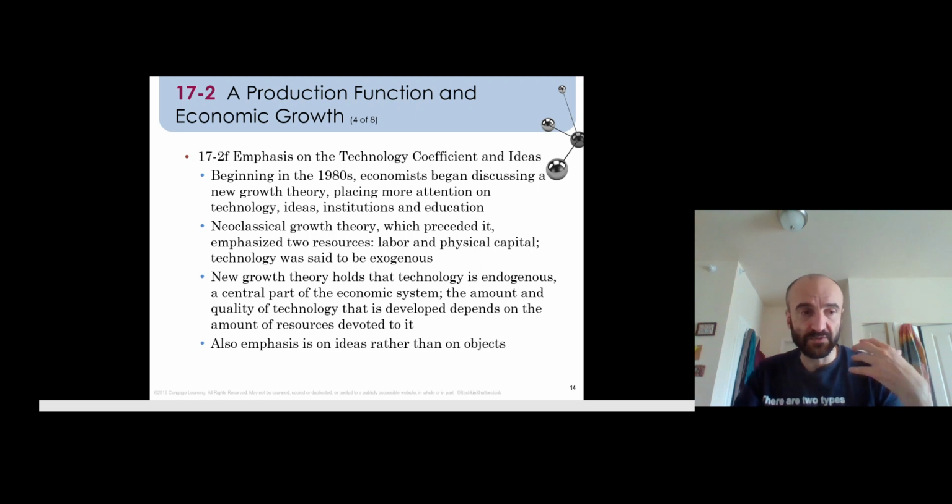So that was the second generation of growth theories, or the first important revision of this institutional growth theory. Technology is important and knowledge is important.